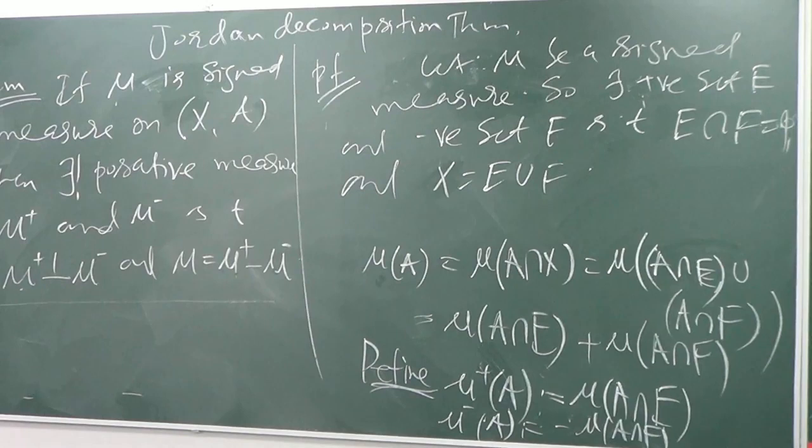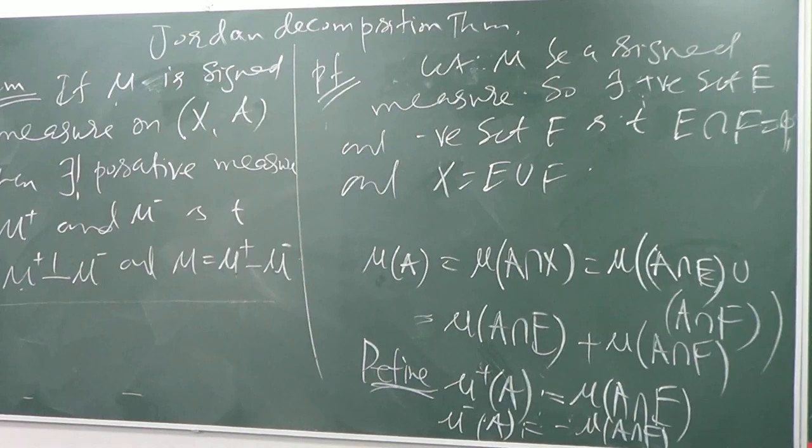You have to be careful. The definition says that mu plus of A is the mu of A intersection E. Okay, you have to be a bit careful.